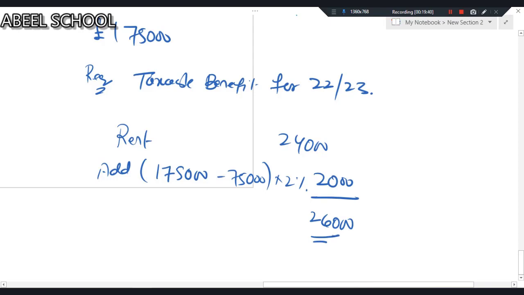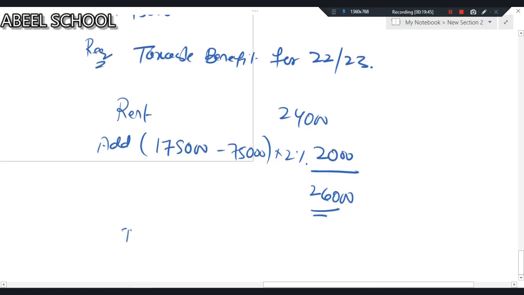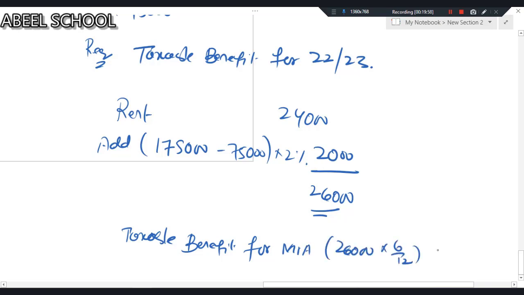And in this question, Mr. A is having this accommodation only for 6 months. So taxable benefit for Mr. A will be for the 6 months. Instead of 26,000, it will be 13,000, 6 by 12, because the accommodation was not available to Mr. A for the entire tax year. So we have covered all the varieties relating to accommodation benefit.